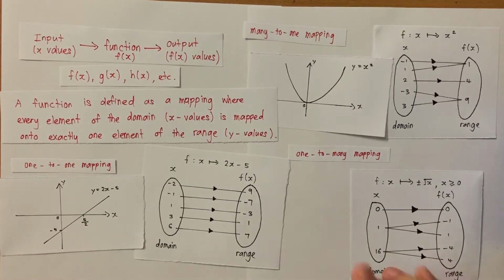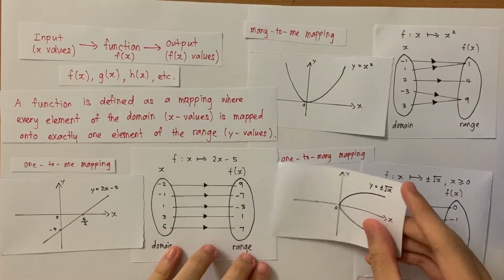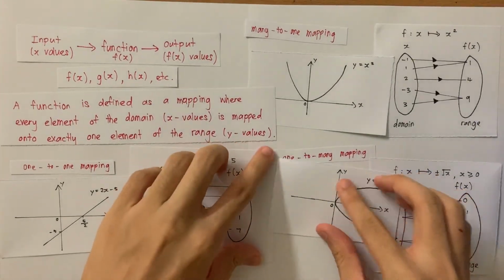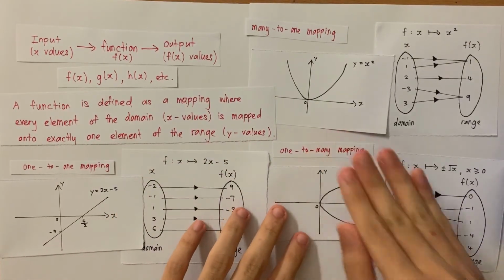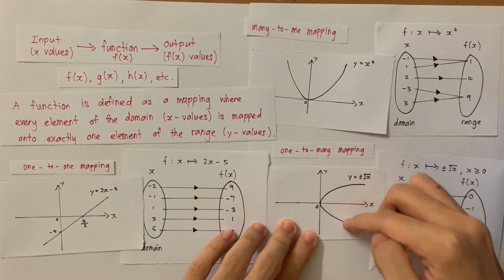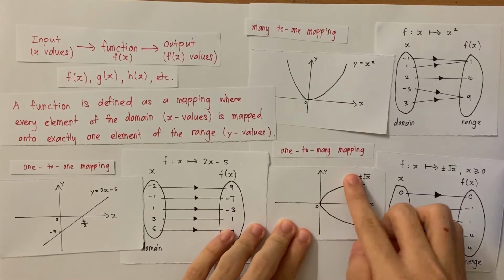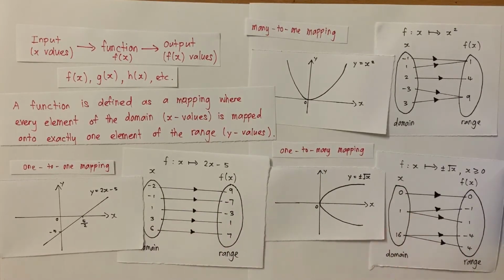So one-to-many mapping is not a function. This is the graph for y equal to plus minus square root x. You can see, if we have one x value, it will lead to a negative value and a positive value of y, which means there will be two y values for one single x value.